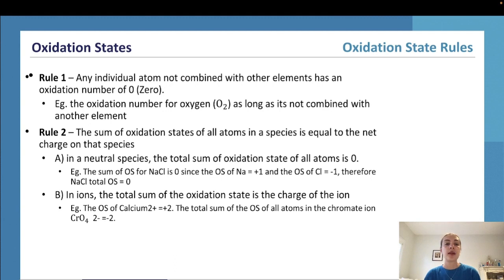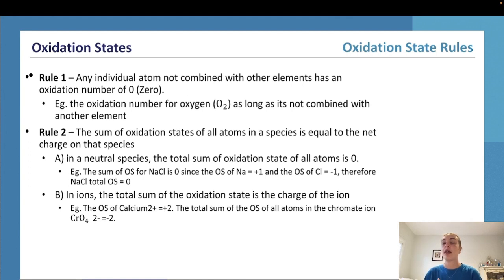An example is oxygen gas, which is O2. As long as that doesn't become combined with any other element, O2 will just stay O2 with its oxidation number of 0.